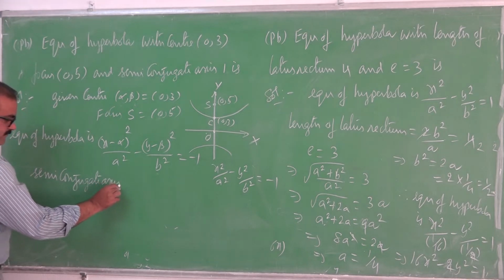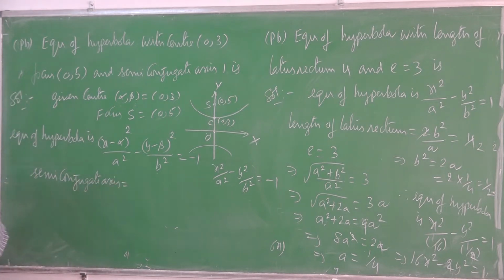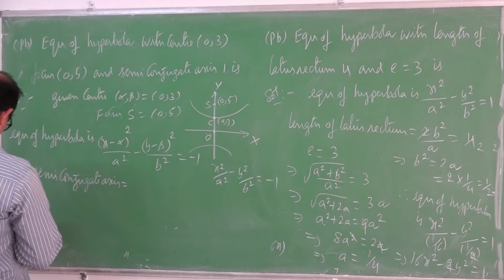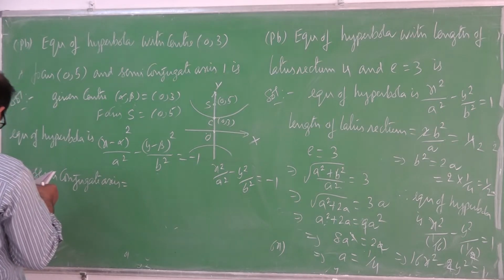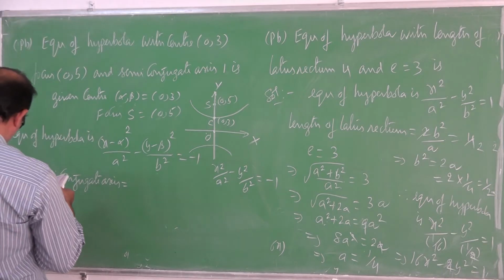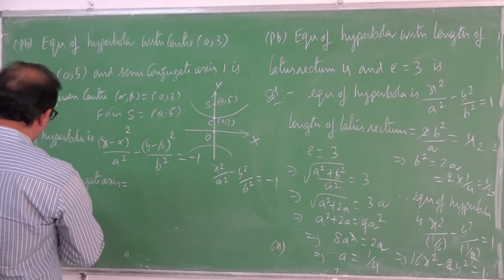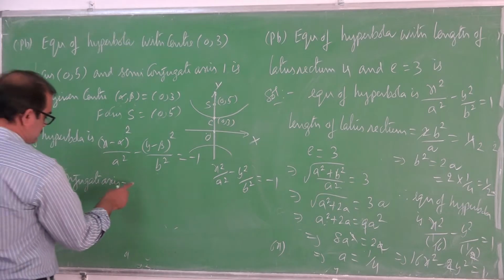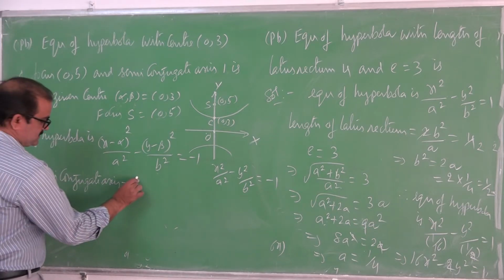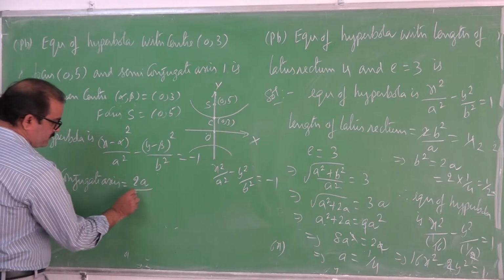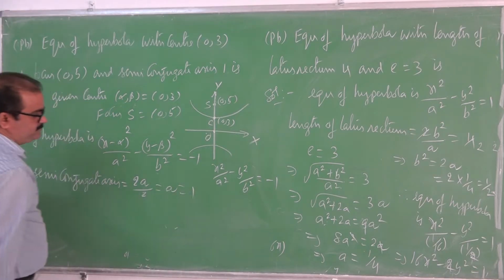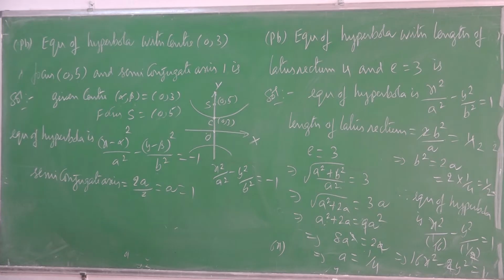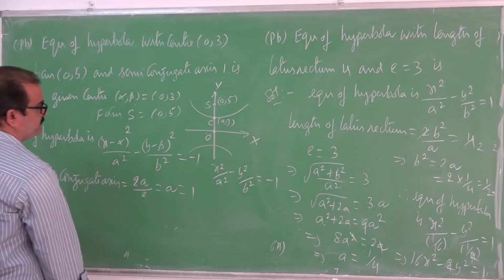Semi means half of the conjugate axis. Here the conjugate axis length is 2a, so the semi-conjugate axis is 2a by 2, that is a. The value of a is 1. Now we find the b value.